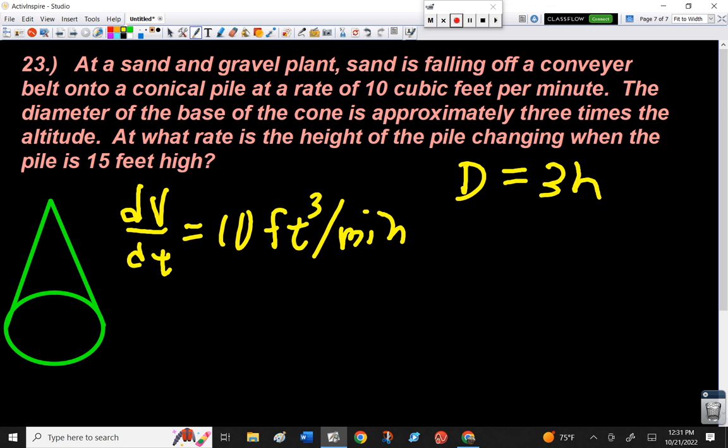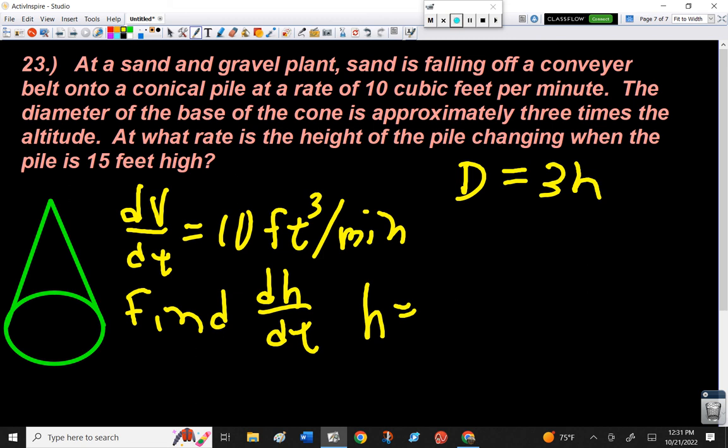It says, at what rate is the height of the pile changing when the pile is 15 feet high? So they want to know at what rate the height is changing. They want us to find dH/dt when the height is 15 feet.